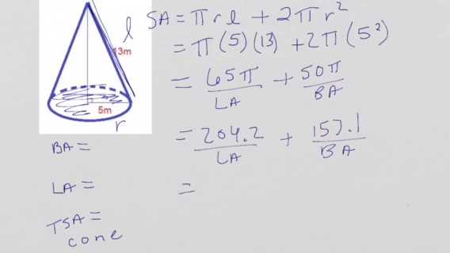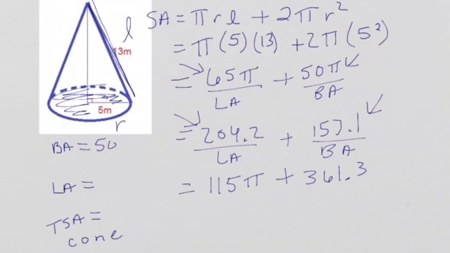When I add the 2 together to get my total surface area, I'm going to add the 65 pi and the 50 pi. That's going to give me 115 pi. Plus, I'm going to add my 204.2 and my 157.1, and that's going to give me 361.3. So my base area is 50 pi meters squared, 157.1 meters squared.